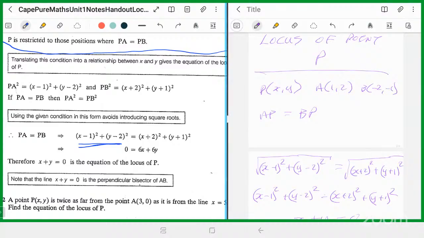But there's one thing I want you to memorize, and I've not seen a CXC question yet in pure maths where it was absolutely necessary to use that formula. It was a good formula to know.